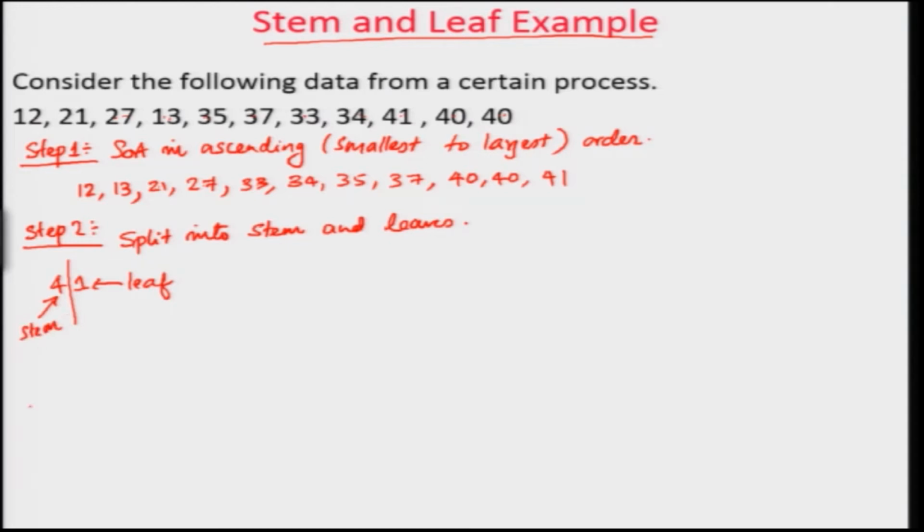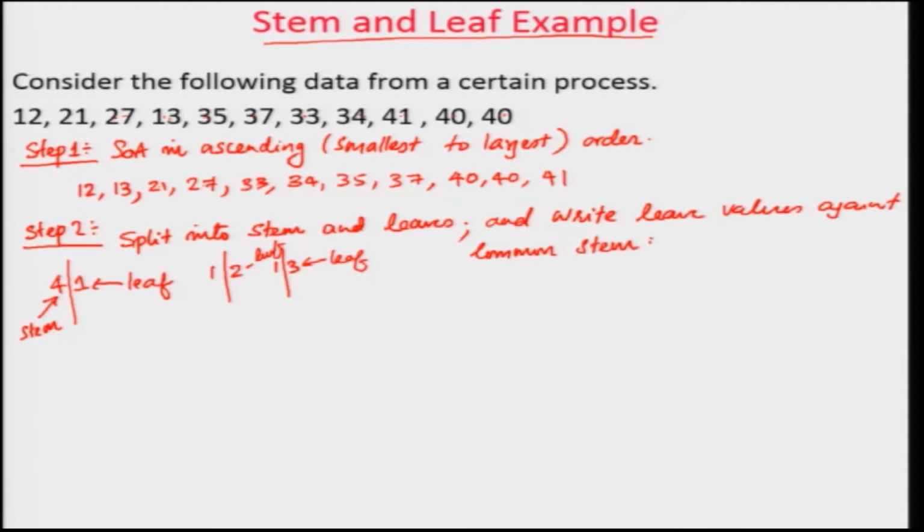So, for 12 and 13, if you split them, 2 and 3 are leaves, and both of them have the common stem 1. Split into stem and leaves and write the leaf values against the common stem.